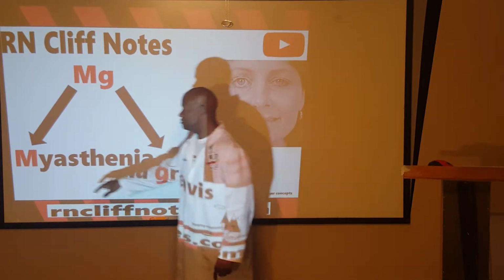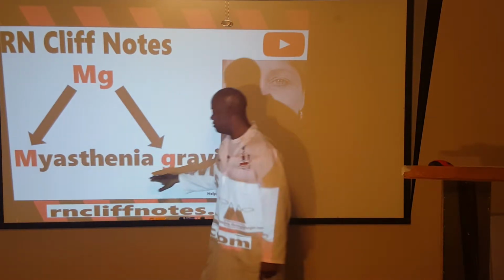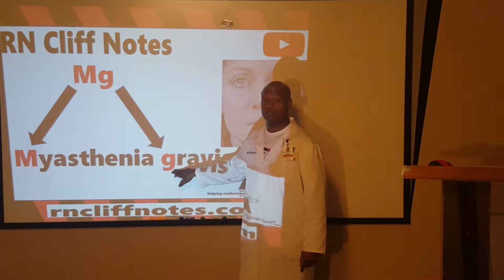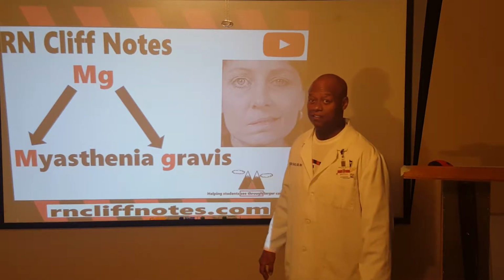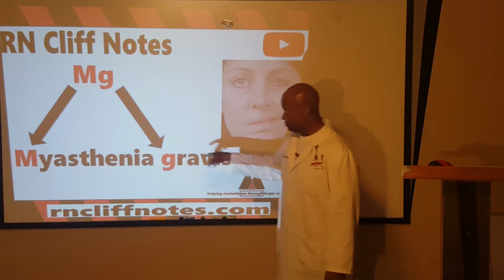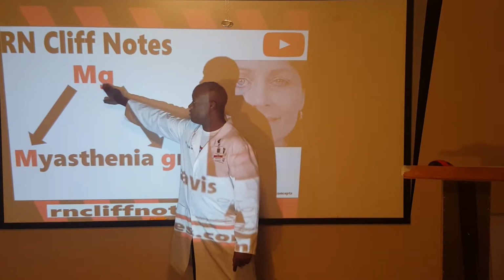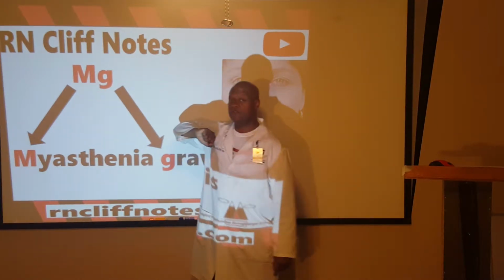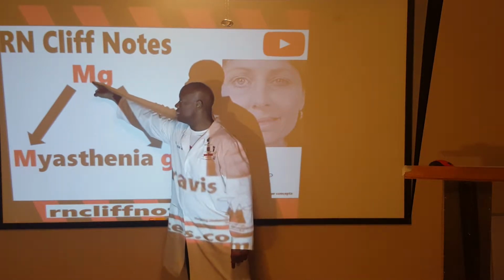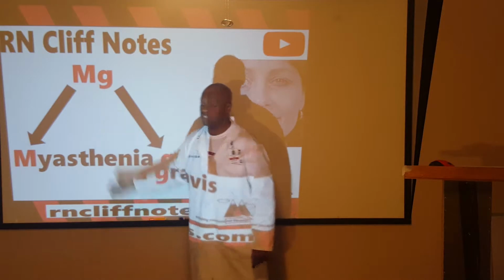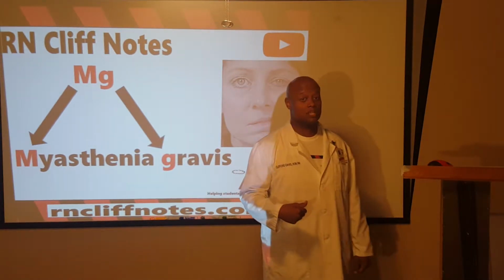At the muscle junction. So MG is the abbreviation for myasthenia gravis, but we also understand that it's a problem at the muscle junction, even though it's a letter G.